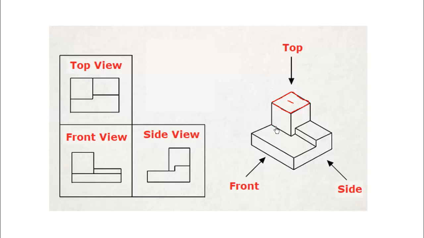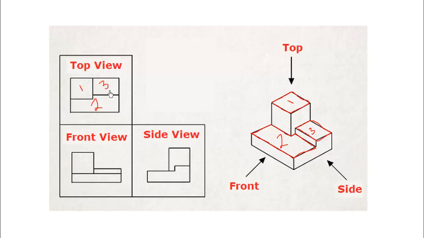Then from the top side, this part will be visible. I'll write it as 2. And finally, this part will also be visible from the top side. I'll write it as 3, parts 1, 2, 3. This one is part 1, this one is part 2, and this one is part 3.